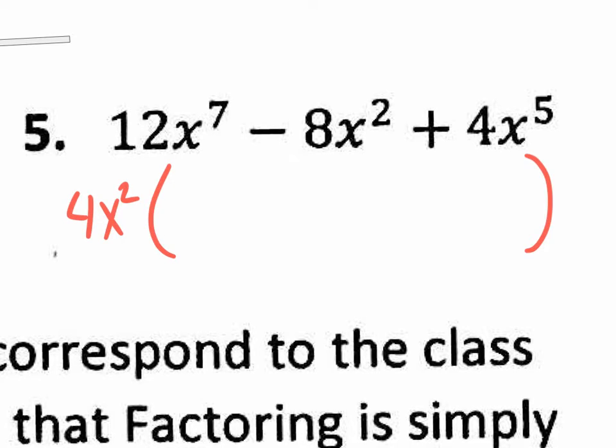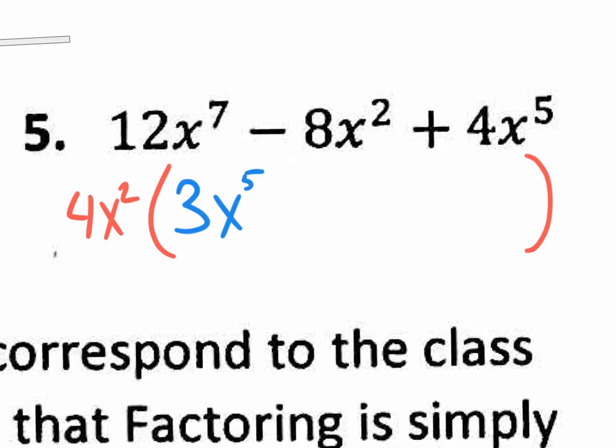Now, what would be left on the inside of the parentheses if you did pull out a 4x squared? And once again, let me reiterate this. 4x squared times what gives you 12x to the 7th? Okay. 3x to the 5th power.